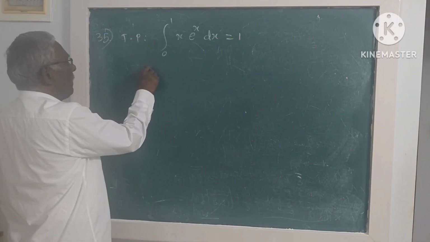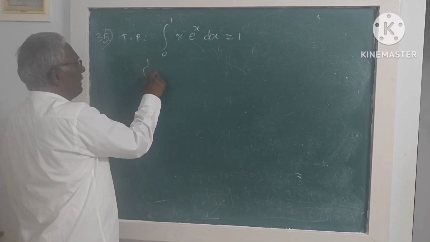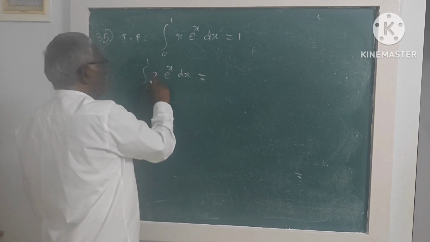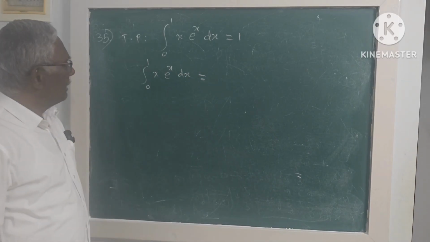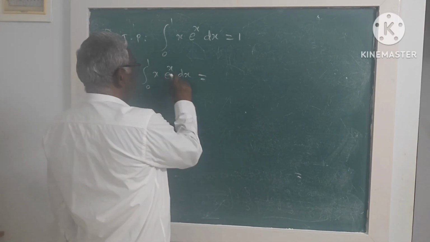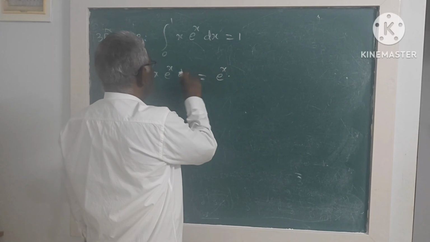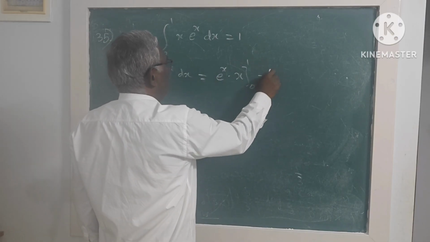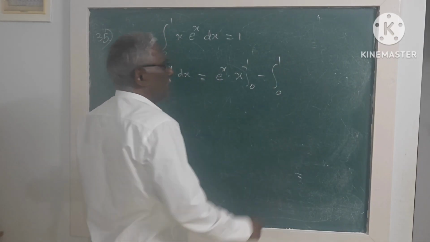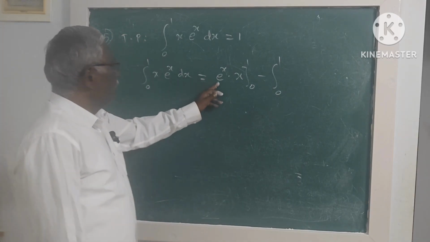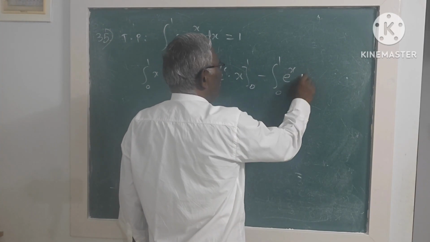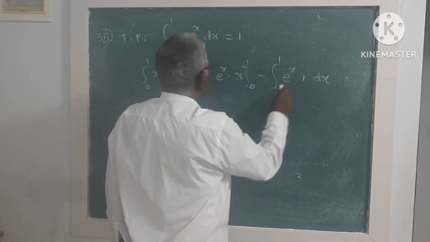So we know integral 0 to 1 x e power x dx, we can integrate this by integration by parts. We integrate e power x times the second function x from 0 to 1, minus the integral of the integrated function e power x into the differentiation of x, which is 1, into dx.